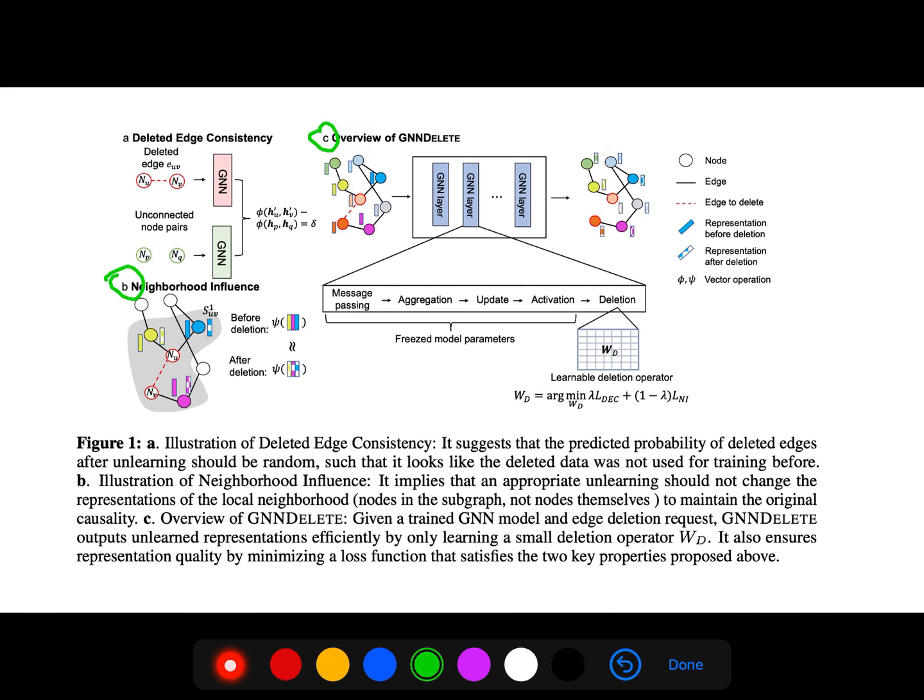Given a trained GNN model and edge deletion requests, GNNDelete outputs unlearned representations efficiently by only learning a small deletion operator. It also ensures representation quality by minimizing a loss function that satisfies the two key properties proposed above.